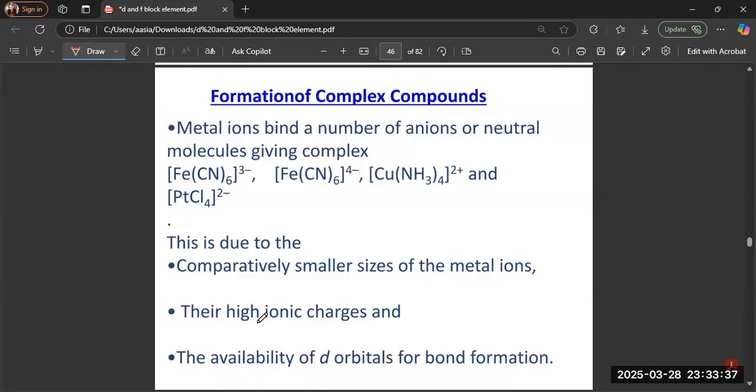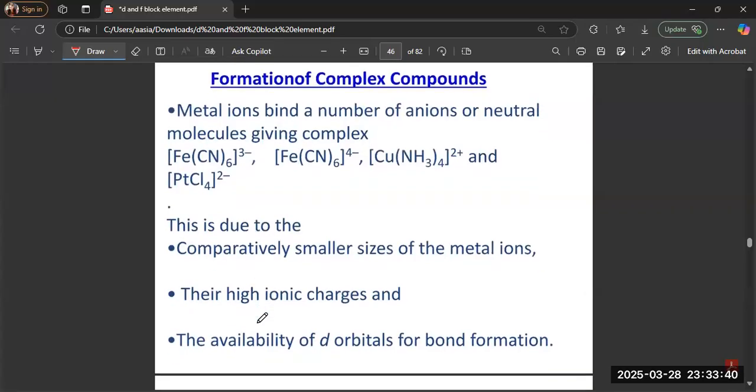Now see, formation of complex compounds. Metal ions bind a number of anions or neutral molecules giving a complex. For example, iron binds with anions like CN, forming [Fe(CN)6]3-, a complex molecule. Similarly, [Fe(CN)6]4- and [Cu(NH3)4]2+.